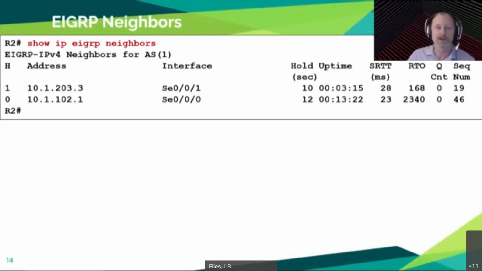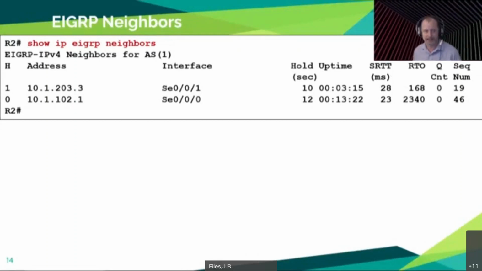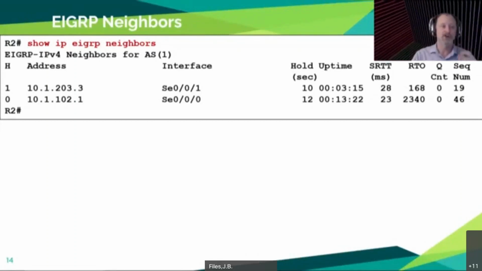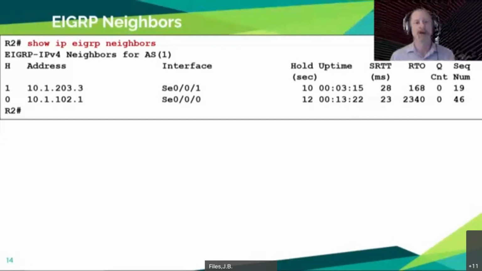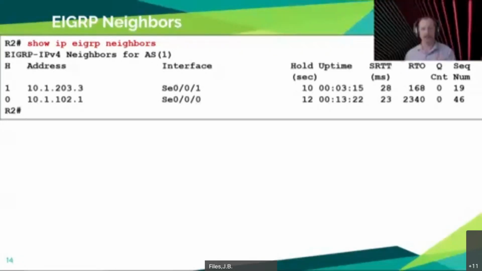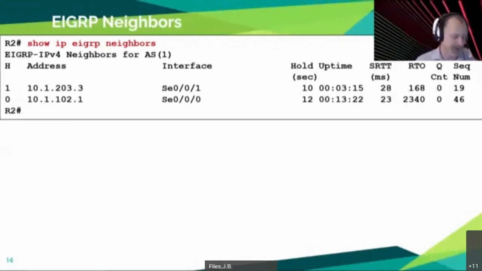From there, we're going to exchange routes, and those routes are going to go into the topology table, and then they're going to get offered into the IP routing table. So if you're troubleshooting, that's a good order to look at things in. Are neighbors the way they should be? Are the routes that we're looking for in the topology table? And then are they in the routing table?